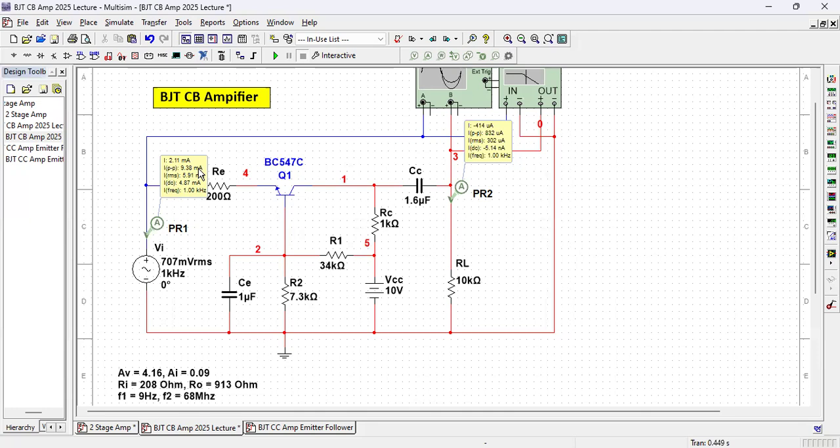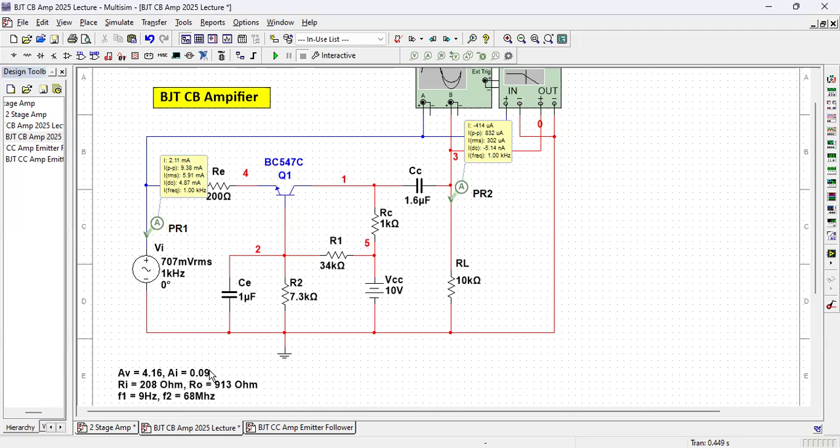So current gain is less than 1. 832 microampere means 0.832 milliampere, divided by the input 9.38 milliampere. So the current gain is 0.09. I have already mentioned it here because I measured it already.